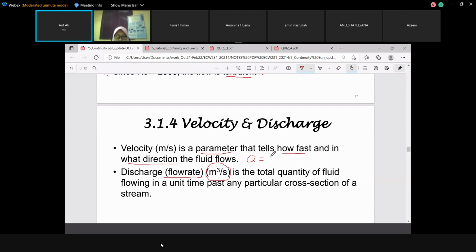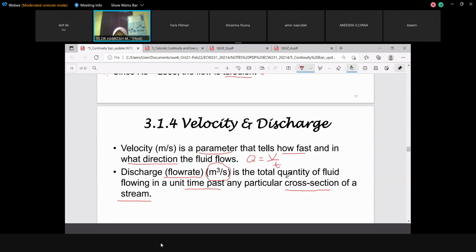Yes, very good. Volume over time. Okay, so it is volume over time. If you look at the definition here, it is the total quantity of fluid flowing in a unit time past any particular cross section of a stream.